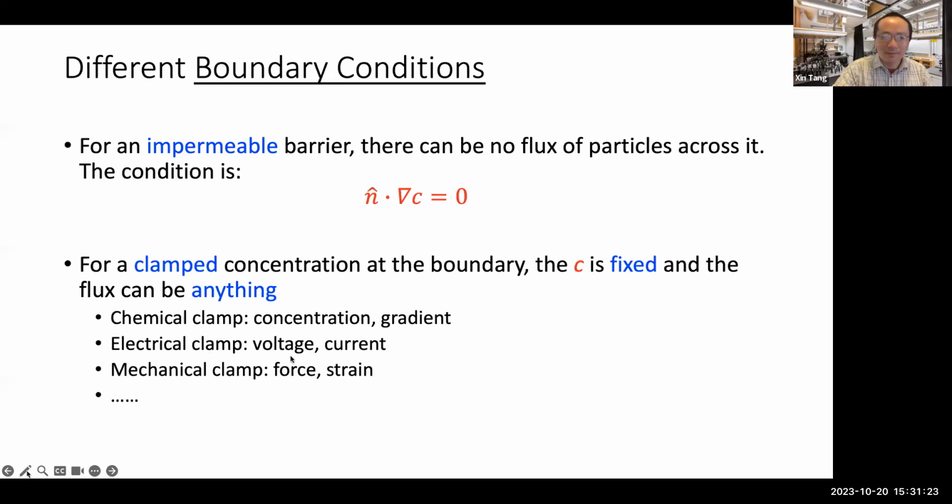Using those electrical clamps, you can study the dynamics of a single transmembrane protein in the cell. If that protein's conformation change is dependent on the membrane voltage, then you can clamp the voltage to like -70 millivolt, and then suddenly change it to -20 millivolt, and clamp there.